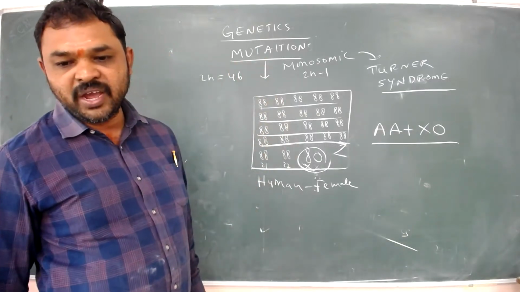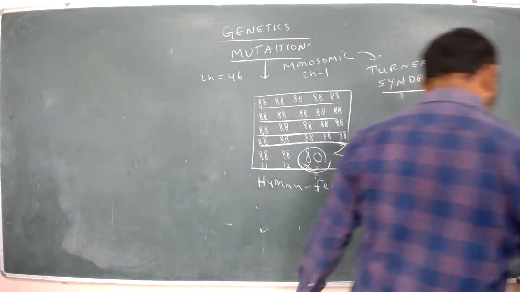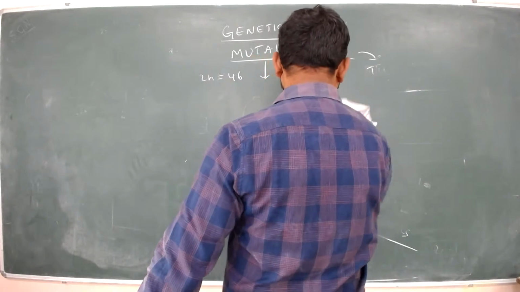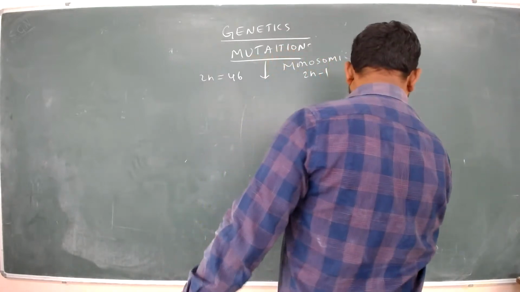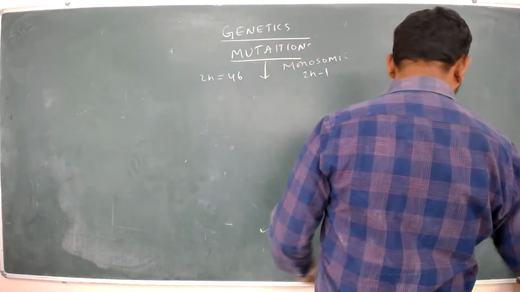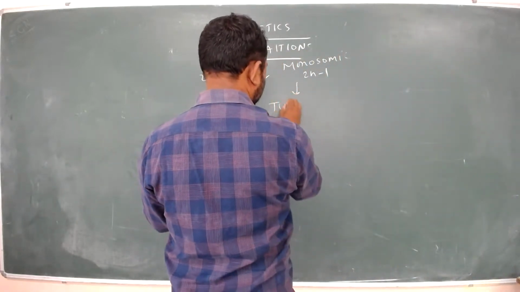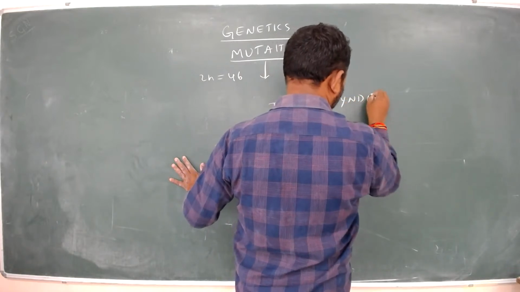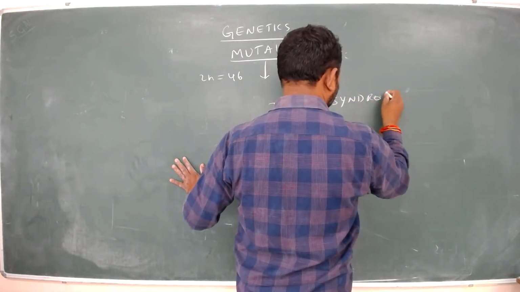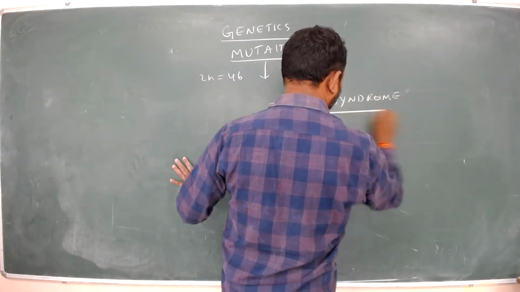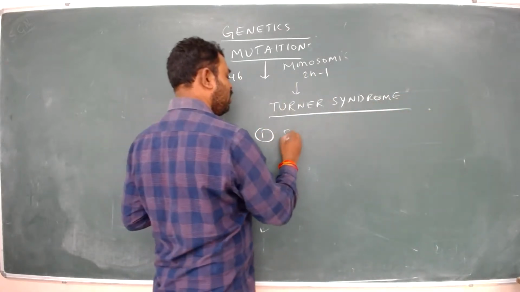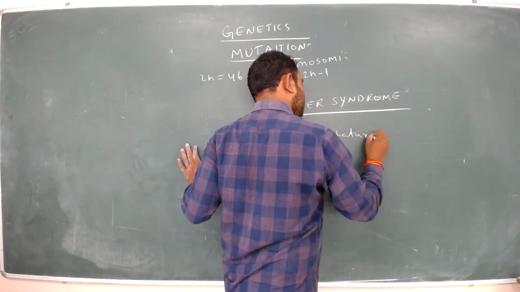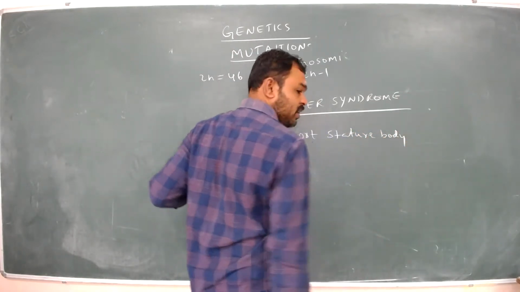What are the Turner syndrome characters? Short stature body, monosomic 2n minus 1.